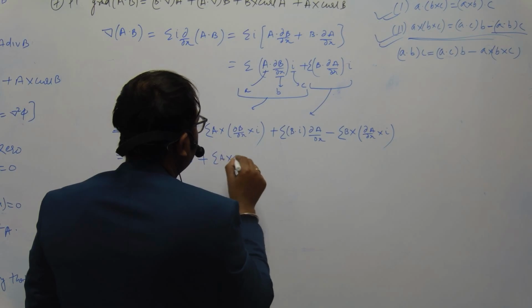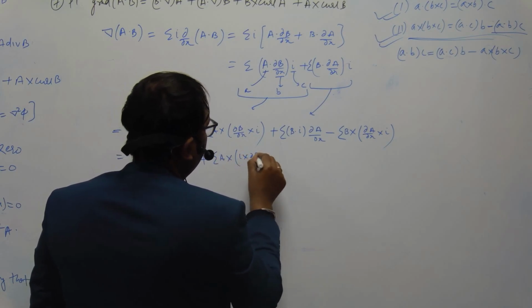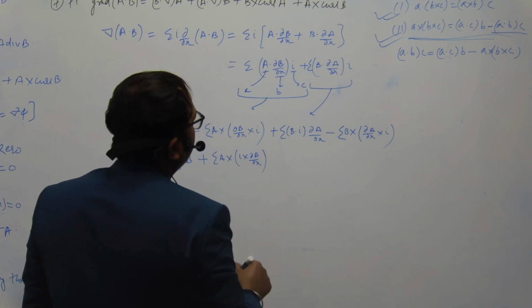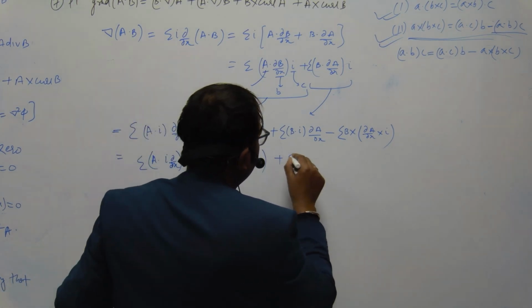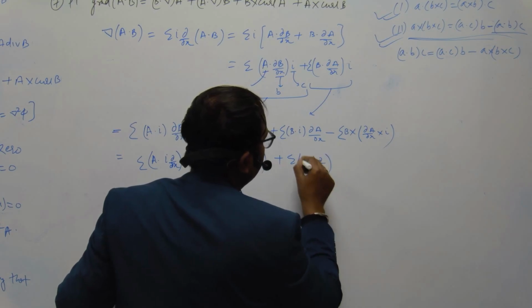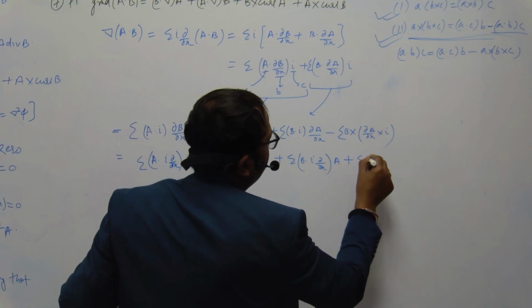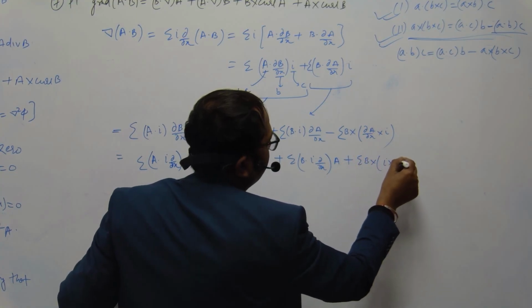This is summation A cross I cross del B upon del x. Similarly, this is summation B dot I del upon del x of A. Let us reverse this. So this is summation B cross I cross del A upon del x.